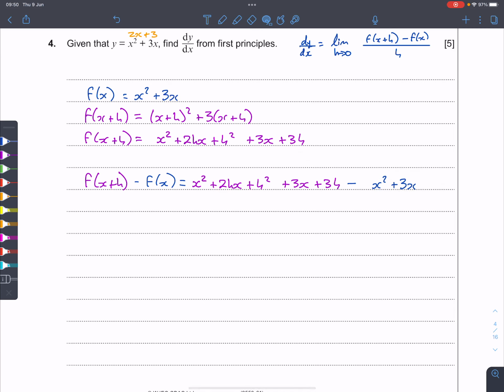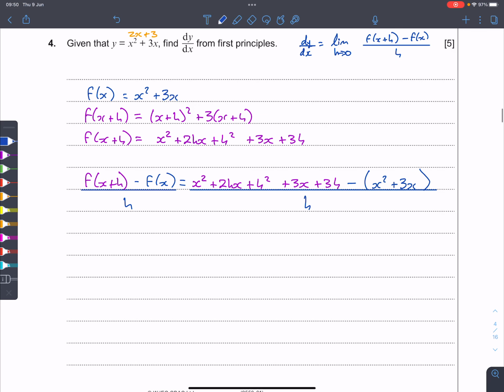And I have to be careful. I need to make sure that I take those away. I'm taking everything away, so I need to put them in brackets. Okay. At this point, actually, I could put the over h in as well, because that doesn't overly do anything. So if I put the over h in, okay, from the equation, and I'm just going to neaten up the top.